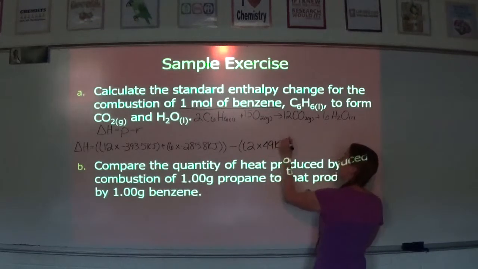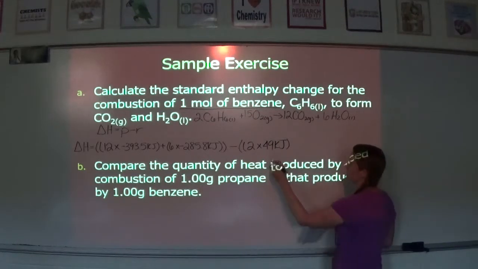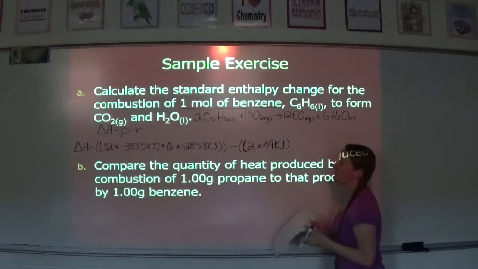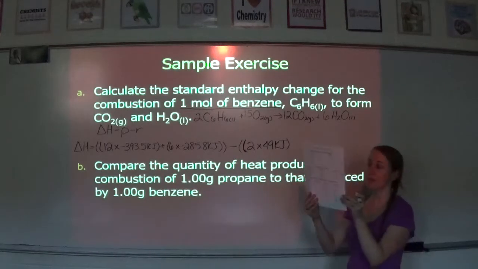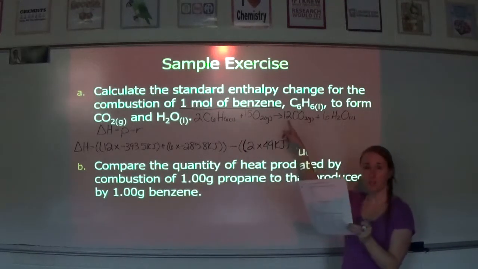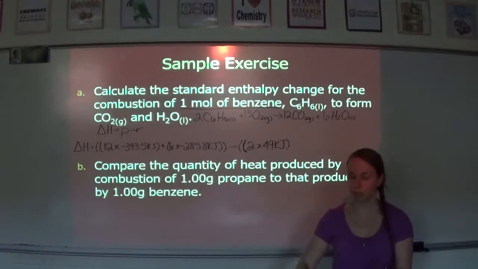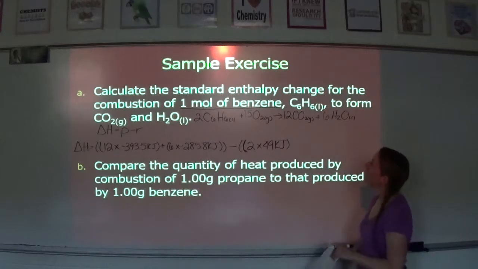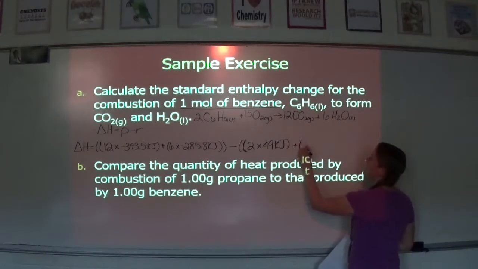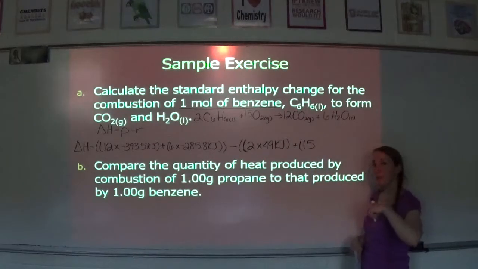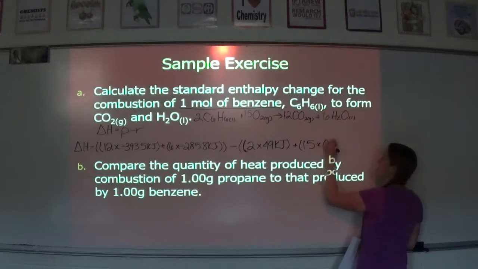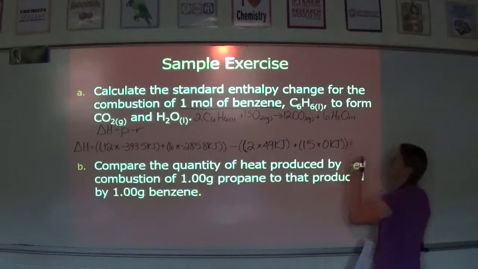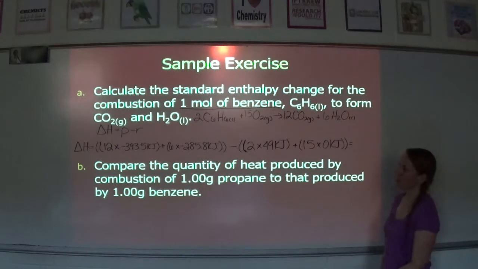So that's the thing: if you find a number that's not on your charts page, sometimes I'll put it in the question, sometimes you can just Google it. Remember, these aren't secretive numbers that I come up with. You can find them anywhere. And then, of course, plus my 15 times my oxygen gas. But remember, O2 gas is its natural state, so it's technically 15 times 0 kilojoules. Most of y'all, you just wouldn't write oxygen in there at all.